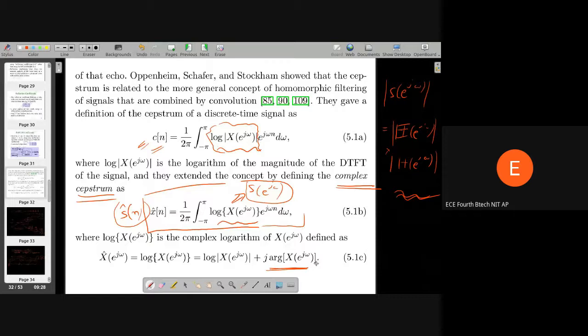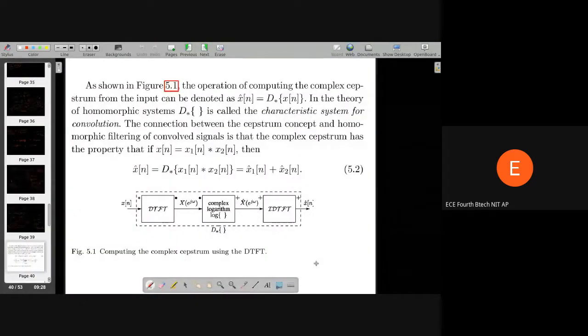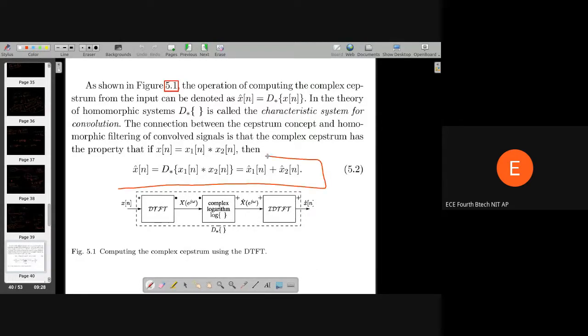We just talked about this homomorphic analysis. What does this mean? It means if you have something convolved, in our case the speech signal s[n] is e[n] convolved with h[n], then we want an operator which will somehow separate the two components.